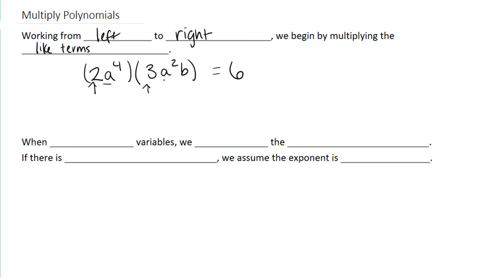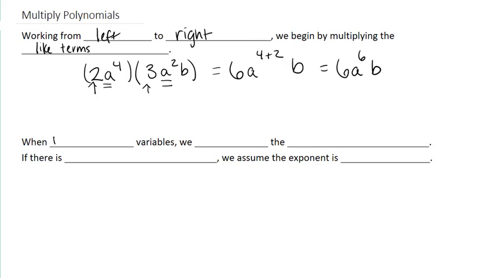The next thing is, for like terms, we have a as our base, and we can multiply those together. And when we multiply exponents together, we're actually adding our exponents. So we have a 4 plus 2, and then we have b. So this becomes 6a to the 6th power b.